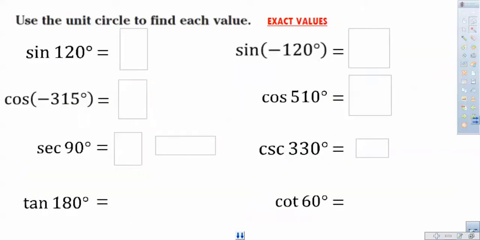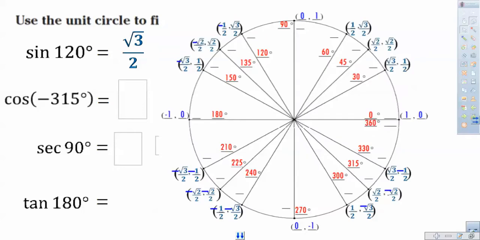Let's do this with a few more, using the unit circle. Sine of 120. According to the unit circle there, we are going to have a value of square root 3 over 2. We're in the second quadrant, and we're looking at the y coordinate there at 120 degrees. I mentioned this yesterday, that we have to picture these trig functions as kind of kung fu movies with subtitles.